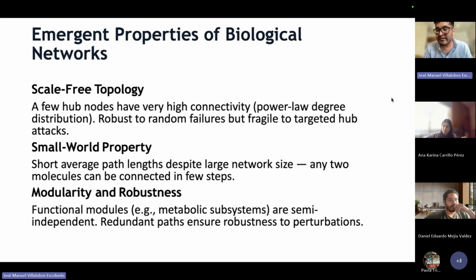Do you remember this small world property? Maybe you know that in social media sometimes somebody talks about la teoría del mundo pequeño. You know that?